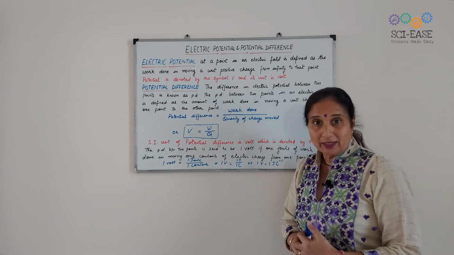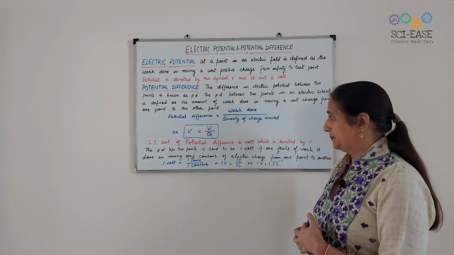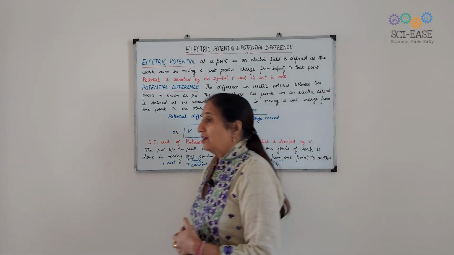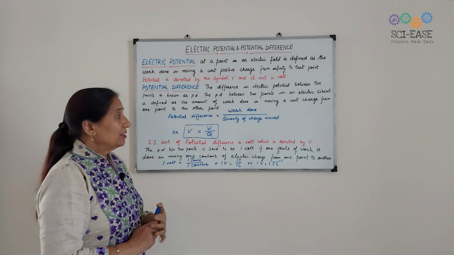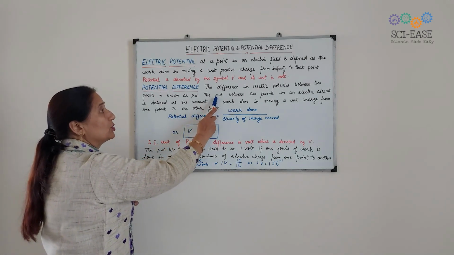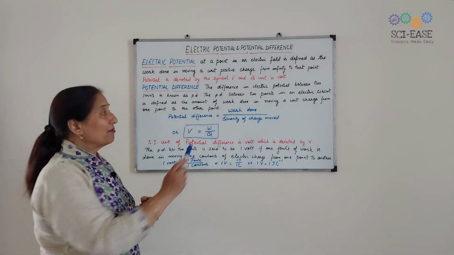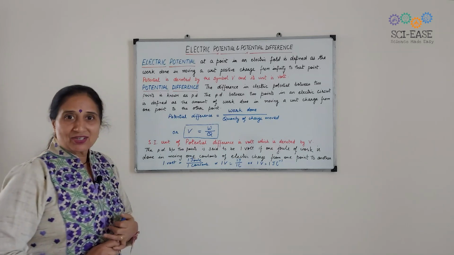It is volt and it is denoted by V. Sometimes the abbreviation for potential difference is also written as PD.